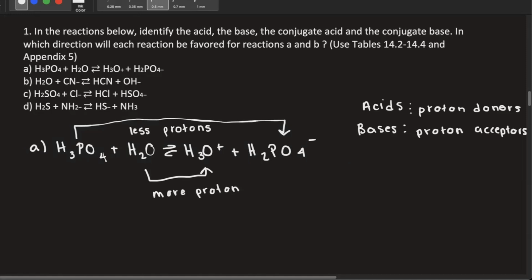We can determine that since the acid is a proton donor, it is losing a proton. So H3PO4 is acting as our acid, and since H2O is gaining a proton, it is going to act as our base.